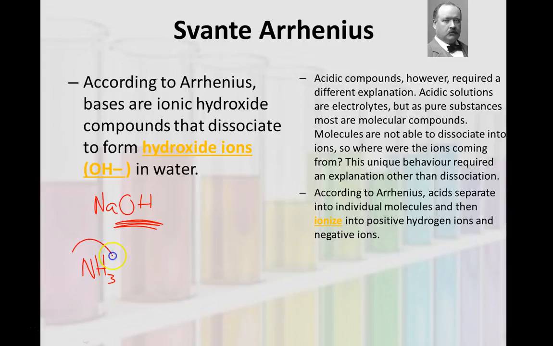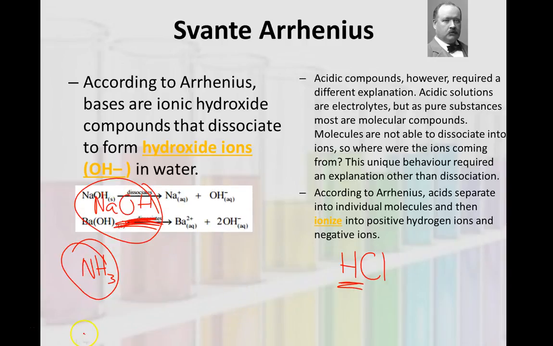It doesn't account for why this is basic. But this is still his proposition as to why things are basic, that they have this hydroxide ion in them. Acidic compounds, he realizes that they need to ionize, like react with water, but he still says that they have to have some sort of hydrogen in them in order to create acidic properties, which doesn't account for some of the acids as well.